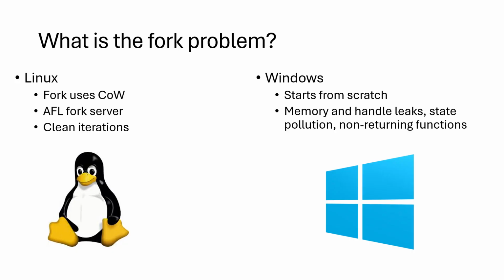In reality, the Windows functions will leak memory, they'll leak file handles, they modify global variables, they can call exit on error. Think about what happens if you leak something like 1 kilobyte for 100,000 iterations. Well, your computer is going to hit the memory limit and crash.